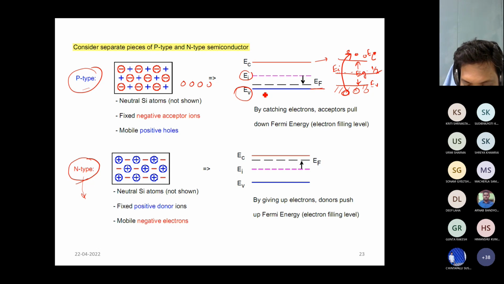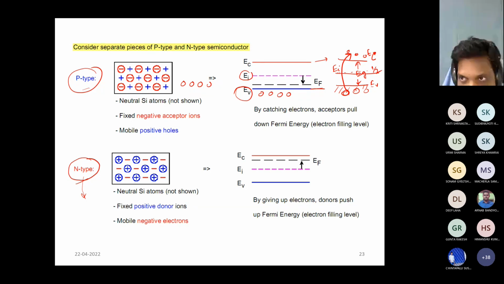In the valence band, there is already some vacant state. If all were completely filled, then all the allowable energy states in the valence band would be filled. But we are creating some allowable energy states in the valence band, and those allowable energy states are still empty. Is it clear?